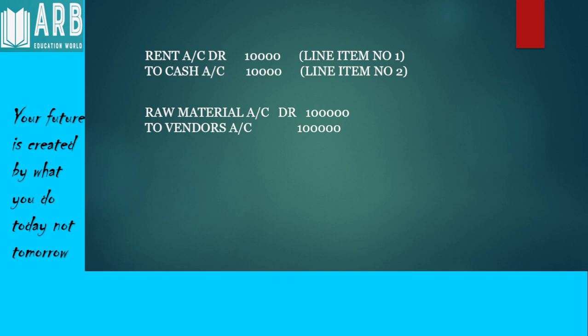The tax rate field and quality field are required only for raw material account, but not for other accounts. That is why for every field there are three statuses available. Let's see the statuses.